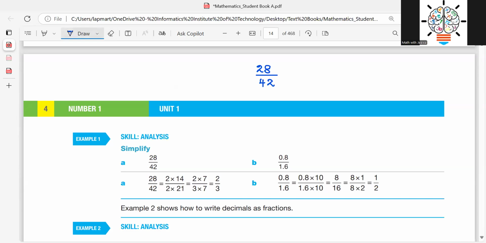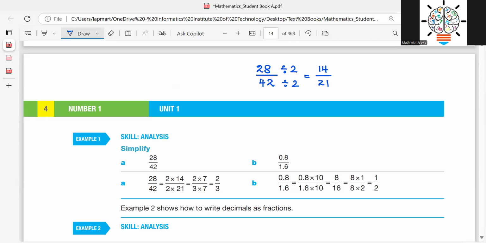To make it smaller, what you can do, you divide this by 2. What is the answer? That is, sorry, 14 over 21.